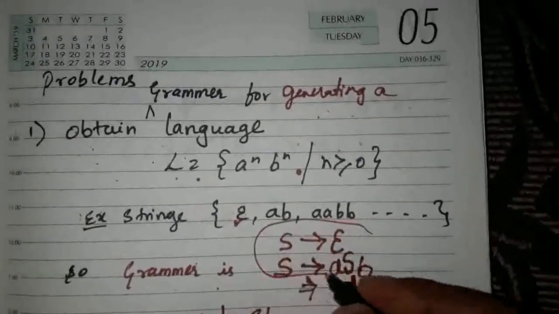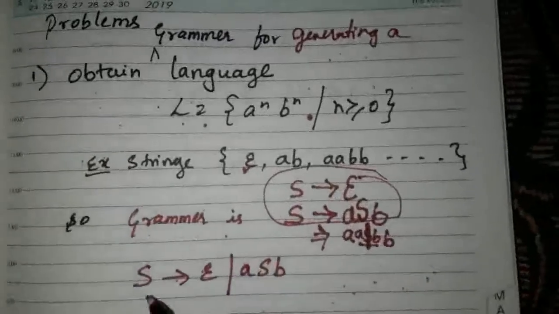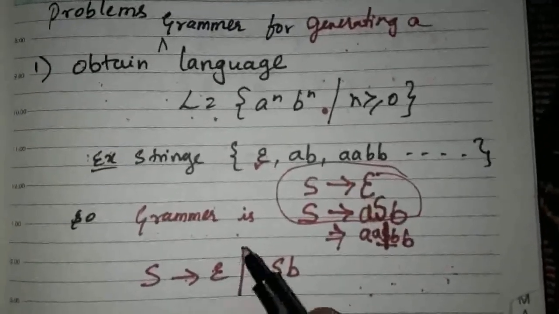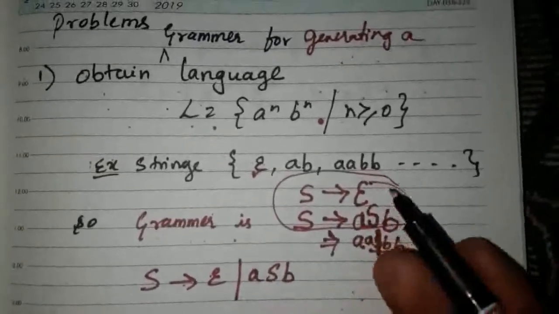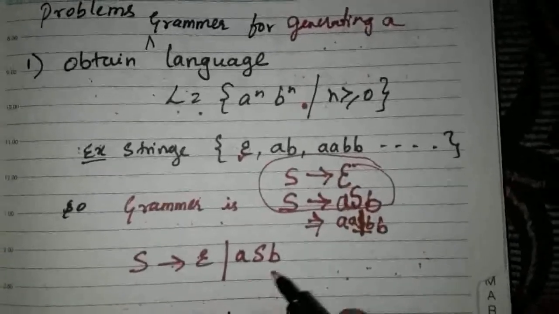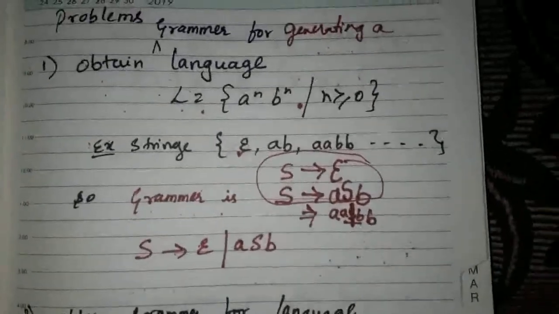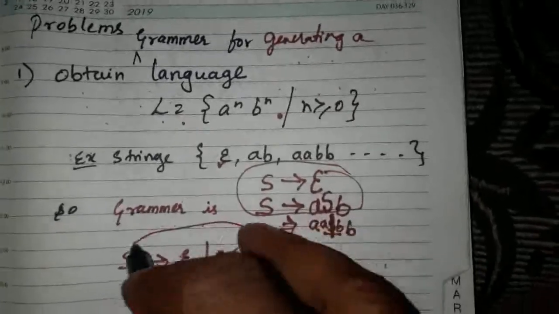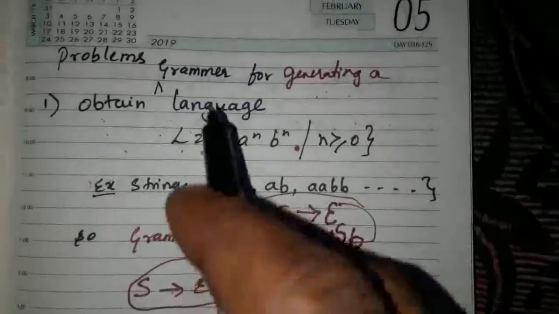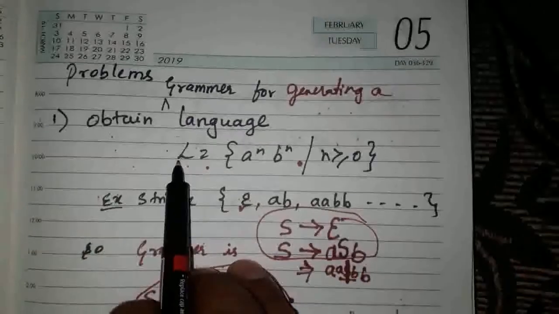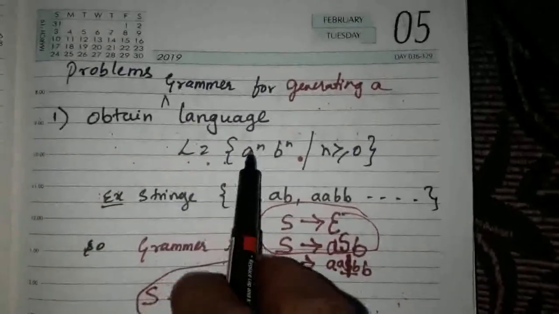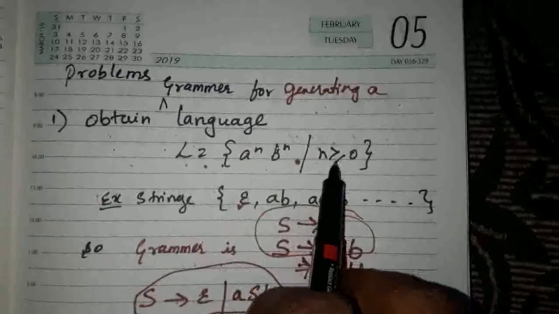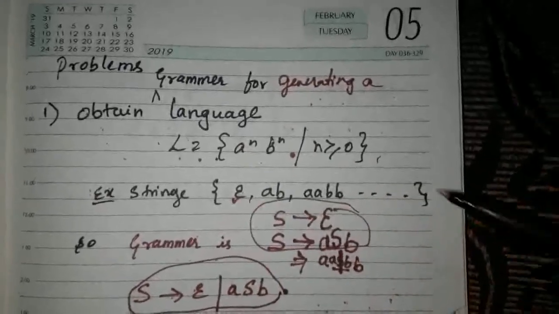So on combining these two, I'll get the grammar S tends to epsilon bar ASB. I will combine two productions into a single production here. Okay, so this is the grammar for the given problem, that is for the language A power n B power n where n is greater than or equal to 0.